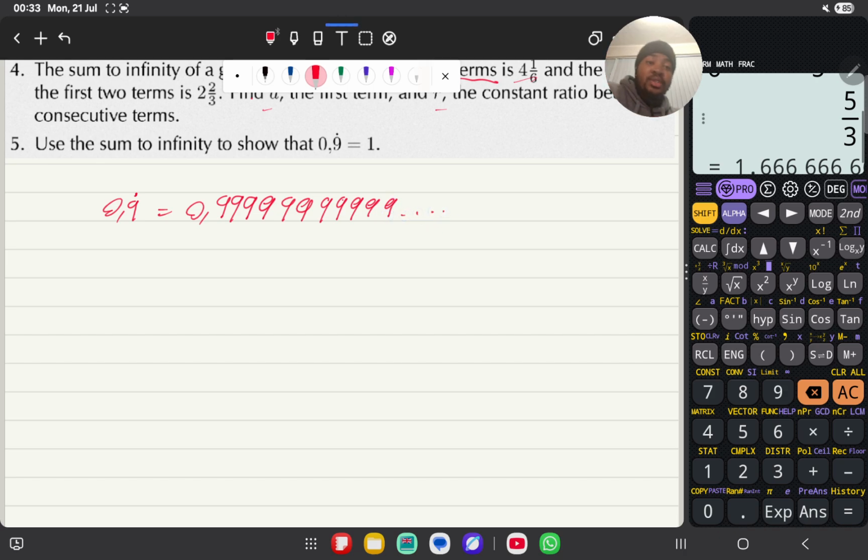It continues, right? That's what recurring means. Let me just put a dot on top there. It does continue.